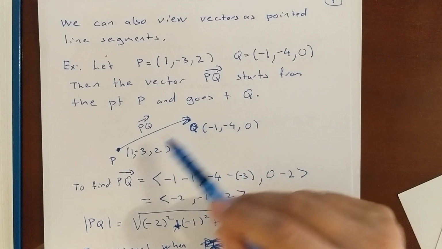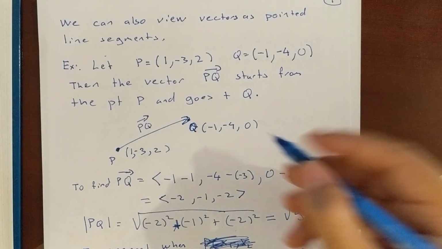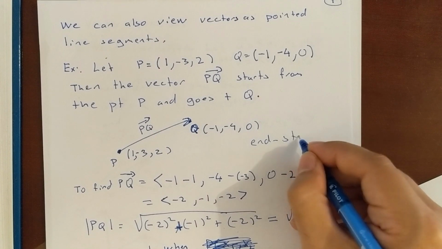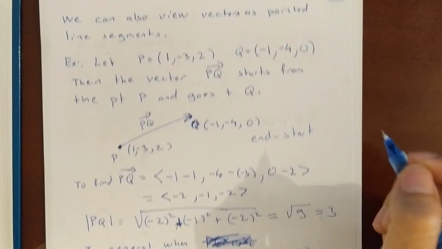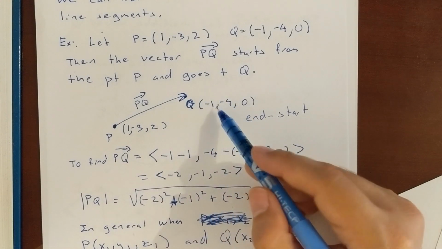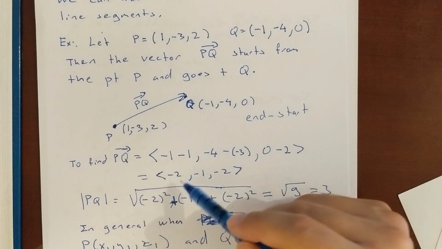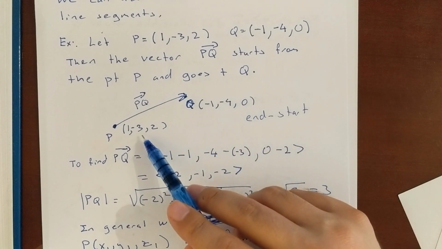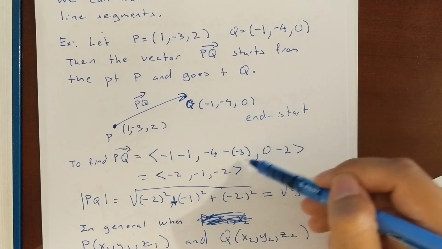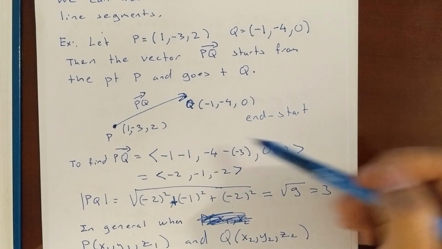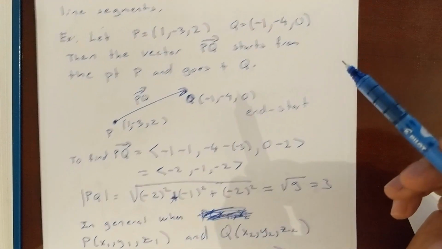So where you end up minus where you start. So it's always, when you're trying to calculate these, end minus start. Okay, end minus start. So we ended up at Q. It starts from P, goes to Q. So it's going to be minus 1, minus a 1. That's going to give me a minus 2 as a vector. Minus 4, minus a minus 3, so that's going to make it plus 3. That's going to give me minus 1. And 0, minus a 2. Okay, that's going to give me minus 2.